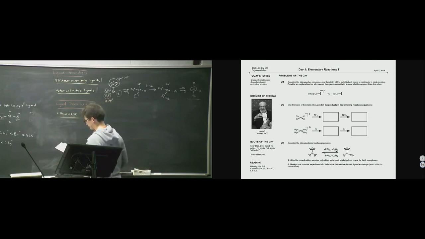Associative, typically, as we saw with 16 electron complexes, the overall general scheme will look like this. Bring in a new ligand, L prime. We're going to form some intermediate that's most likely going to be an 18 electron intermediate, coordinatively saturated, and then the last step will be loss of one of the original ligands.